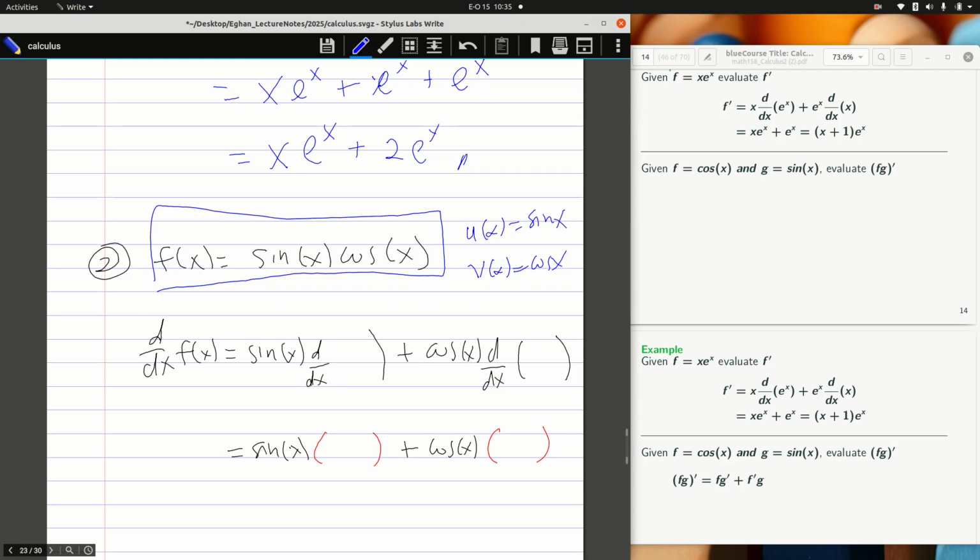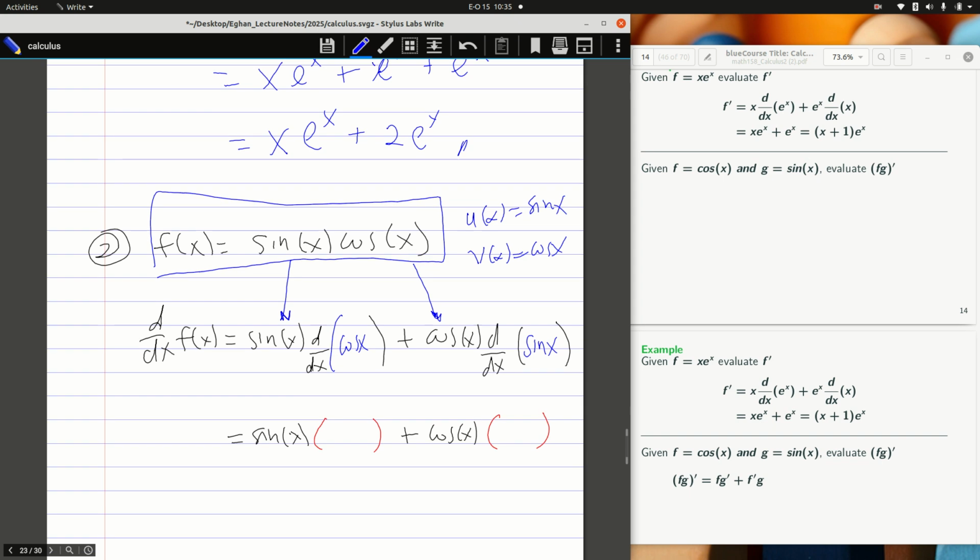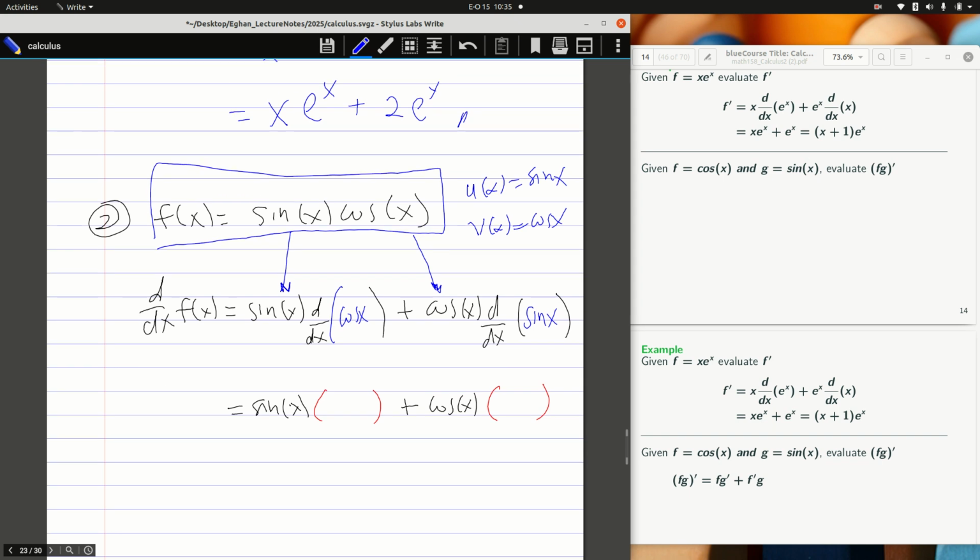So the product rule formula: maintain the first guy, differentiate the second guy. Maintain the second guy and differentiate the first guy. That is as simple as that. And so we have sine x, derivative of cos is negative sine. I maintain my cos x here, derivative of sine x is cos x.